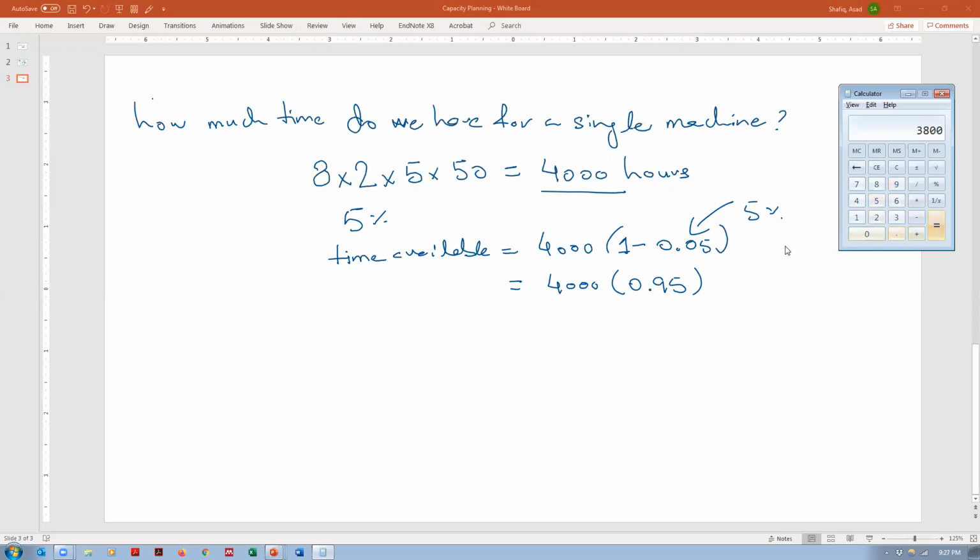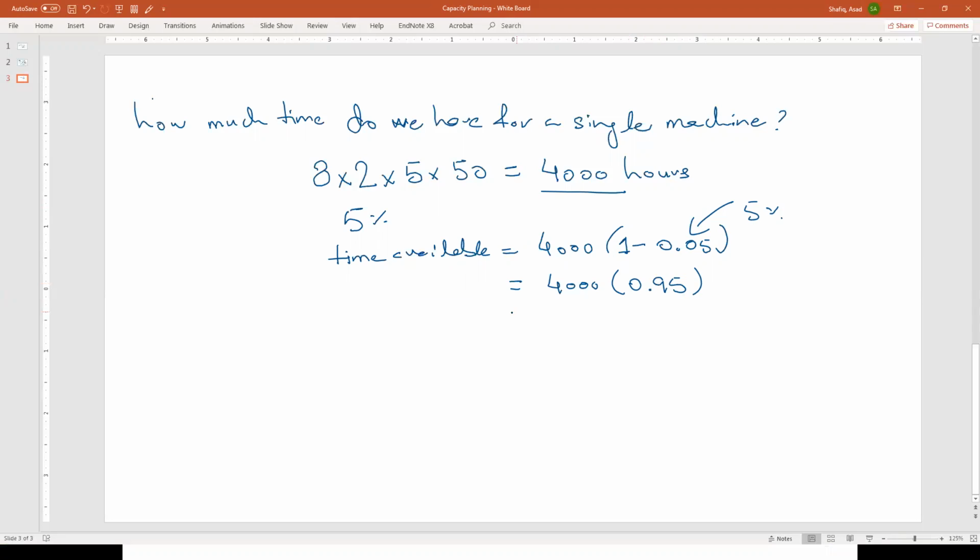This comes out to be 3,800 hours. Now, what does this number represent? This number represents the amount of hours we have from one machine, assuming we keep a cushion of 5%.